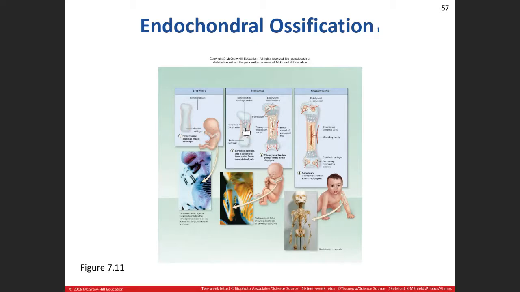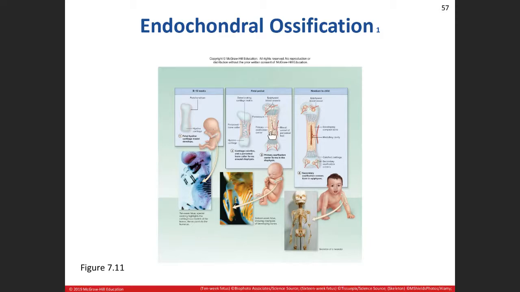The osteoblasts in this area will then start to secrete the osteoid, and as there's calcium and phosphate available, it will start to develop our bone. That bone material starts to replace the calcium matrix here.